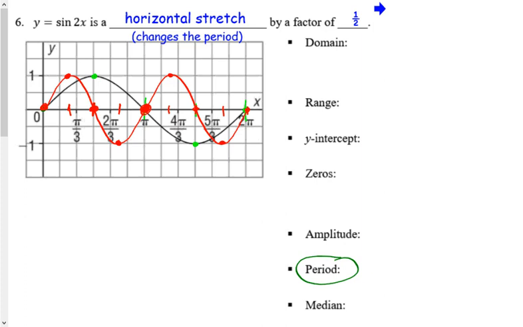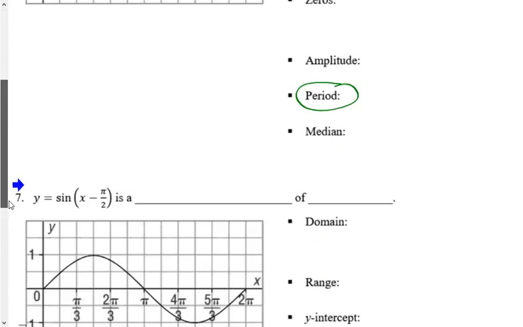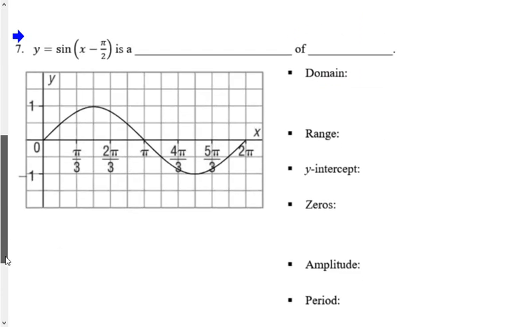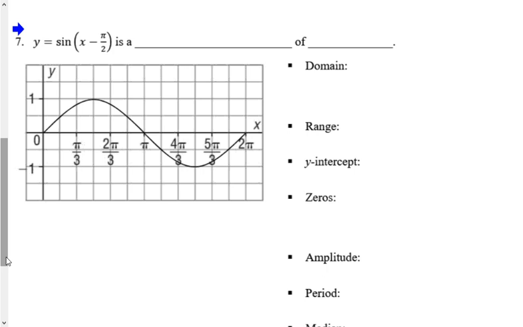Number 6 was a change in the period. Number 7 is a horizontal translation with a periodic function. We call it a phase shift. So even though we're looking at transformations kind of the same as we did in chapter 3, we have some special language that we use.